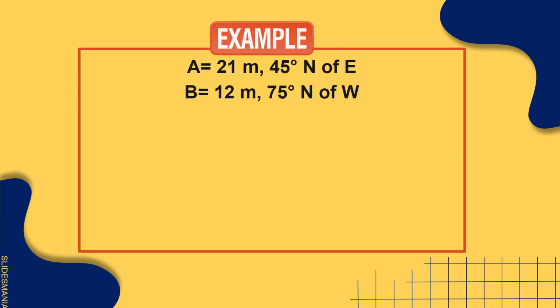So for our last example, we have vector A is equal to 21 meters, 45 degrees north of east. Vector B, we have 12 meters, 75 degrees north of west. First thing to do is to illustrate the given. Let's have the Cartesian plane.